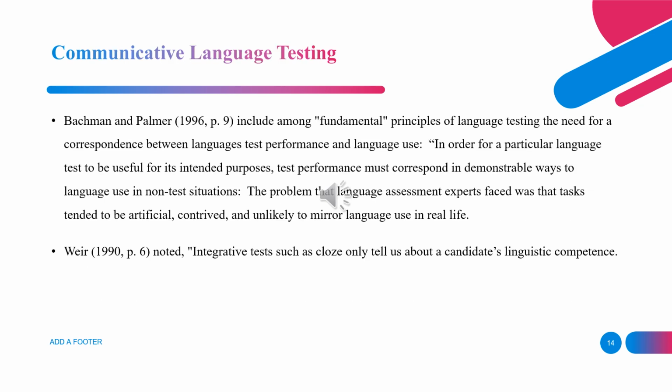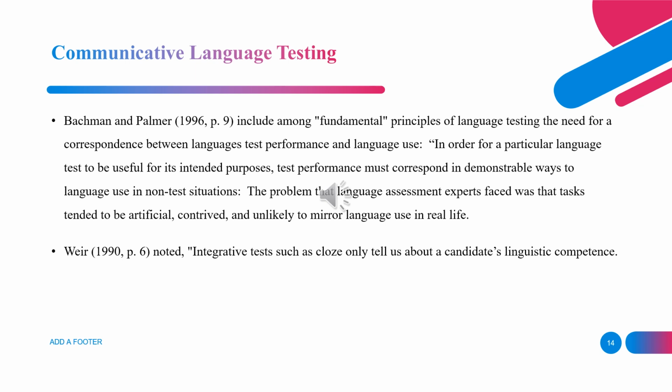Communicative language testing. Bachman and Palmer, 1996, page 9, include among fundamental principles of language testing the need for a correspondence between language test performance and language use. In order for a particular language test to be useful for its intended purposes, test performance must correspond in demonstrable ways to language use in non-test situations.